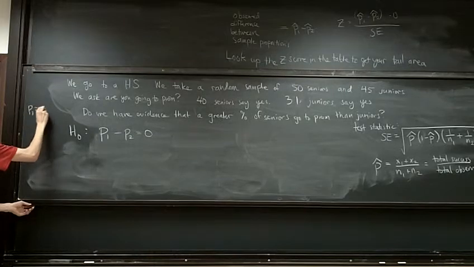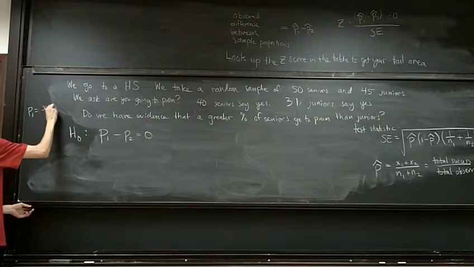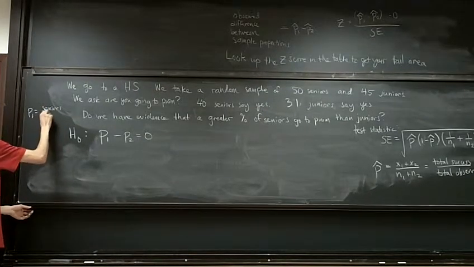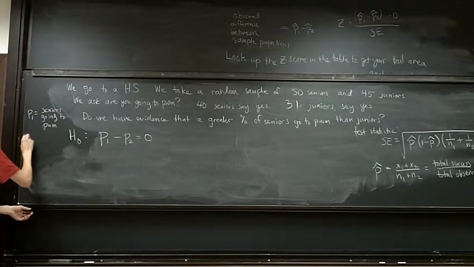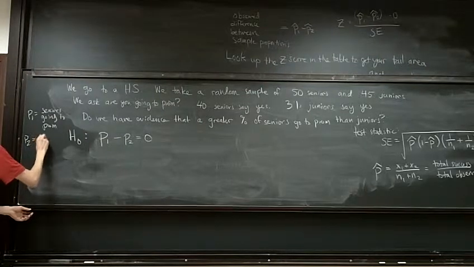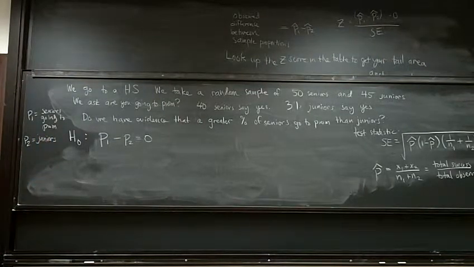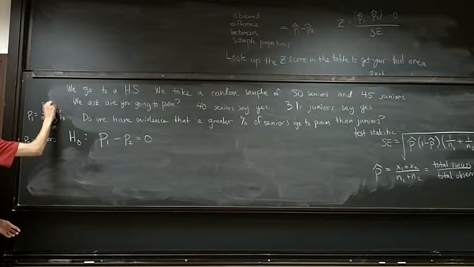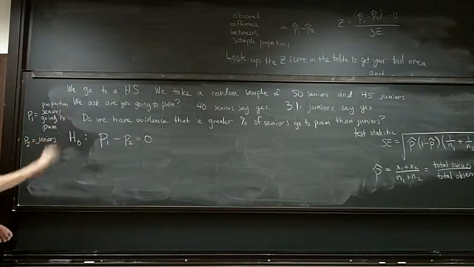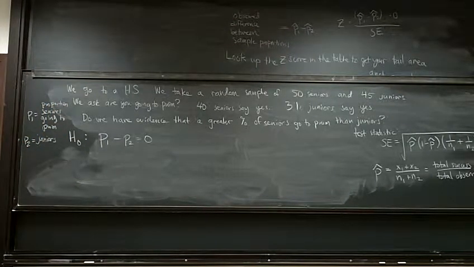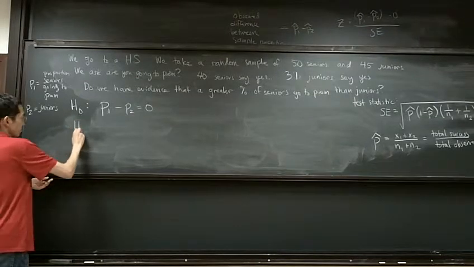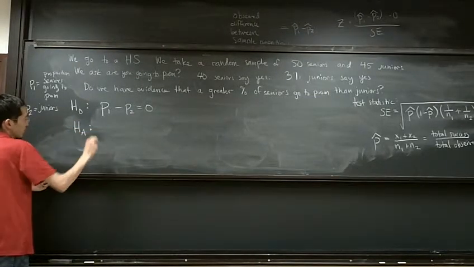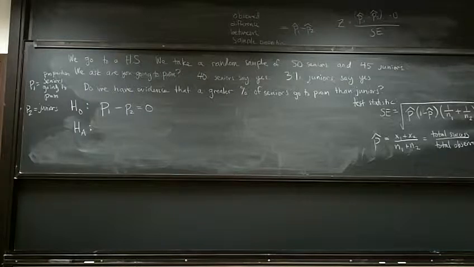P1 will be the proportion of seniors going to prom, and P2 will be the proportion of juniors going to prom. Okay?